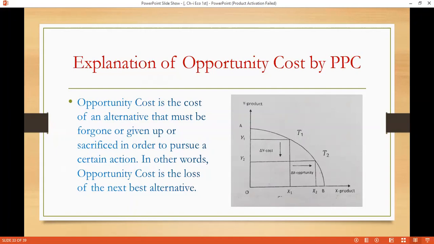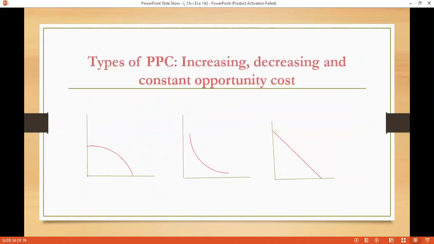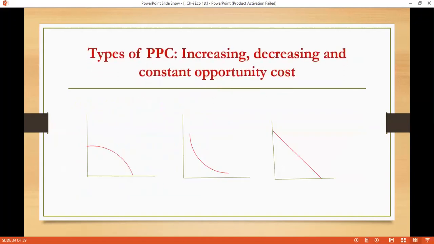So in this way, by PPC we can illustrate opportunity cost. And here you see this is a concave shaped PPC, because there are three types of PPC. Let us see. Types of PPC: increasing, decreasing, and constant opportunity cost.